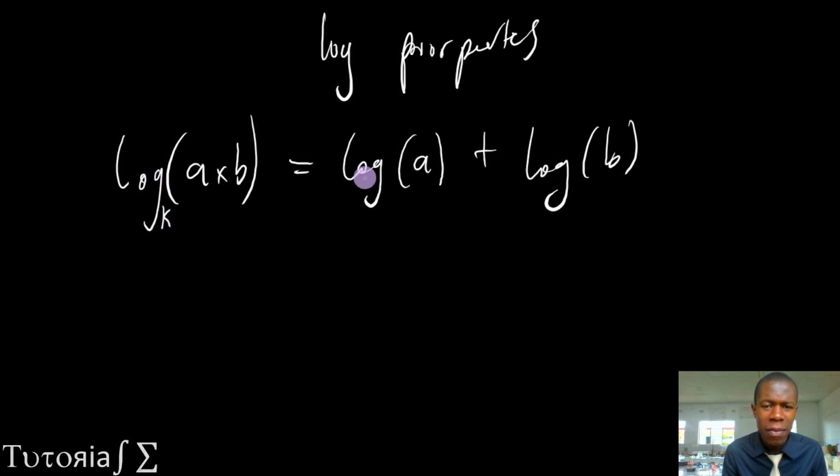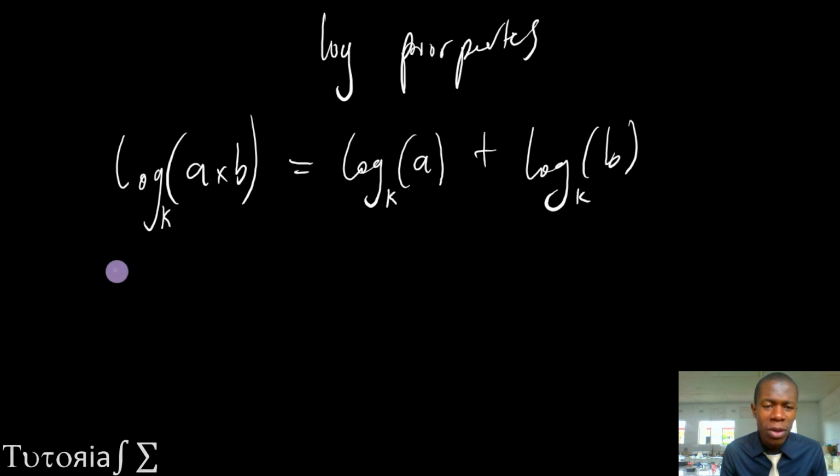I'll put that they have the same base k because it's not always to base 10. So if you have log to base k of a times b, you can simply separate the a and the b. In other words, if you see logs that are adding and they have the same base, you can combine them like that.